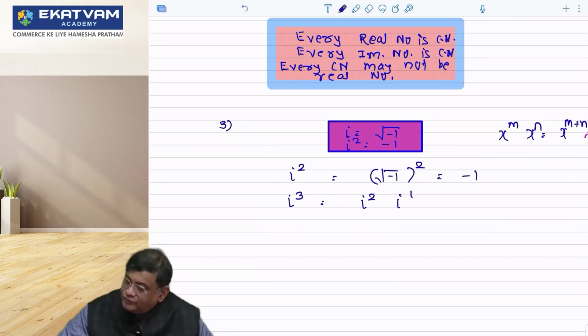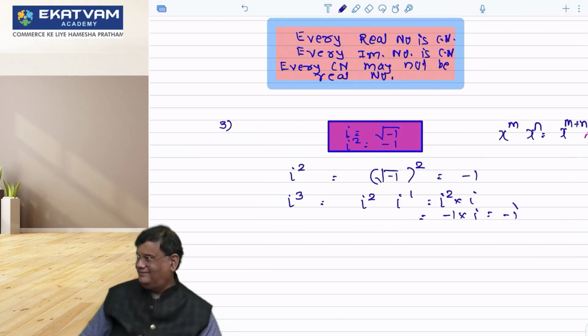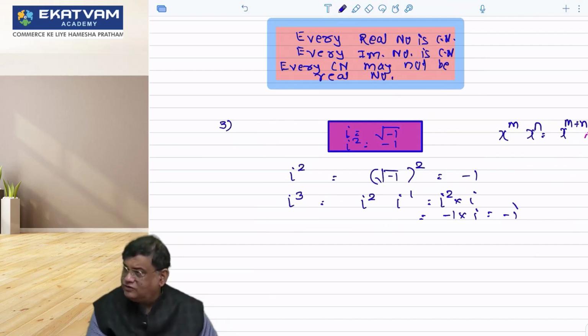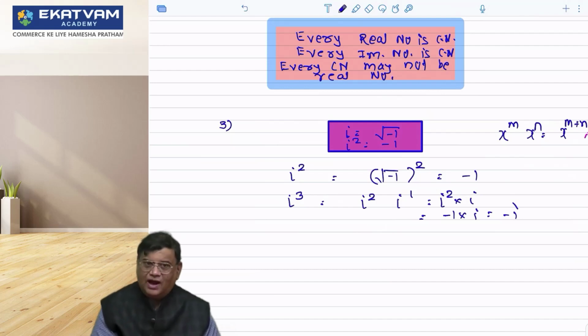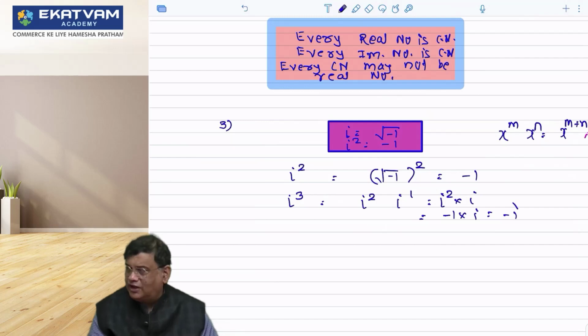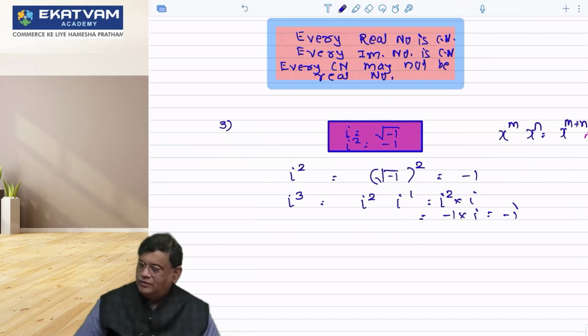So that is nothing but i square into i. But i square is minus 1, so it will be minus 1 into i. So it is minus i. Minus 1 into i means minus i. Is that clear?